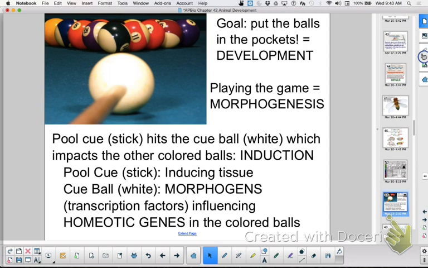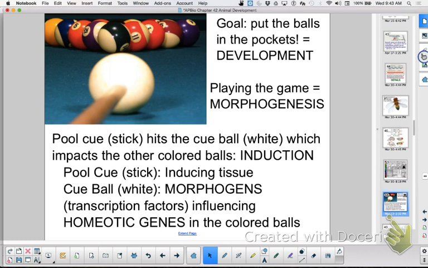So we're trying to get development to happen. That's our goal. So if you're playing pool, you're trying to get all the balls to go into the what? The pockets, right? Okay. So that's our development. Playing the game of pool, getting development to go along, that's like morphogenesis. And the pool cue, the stick, it hits the ball, which is white, which impacts other colored balls. That's an example of induction, where one tissue influences another.